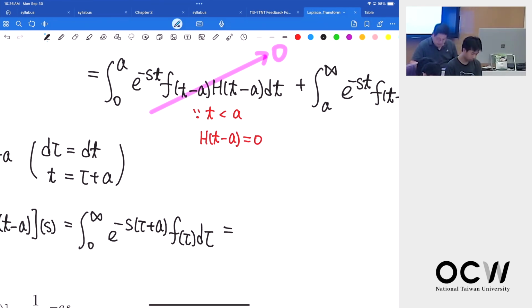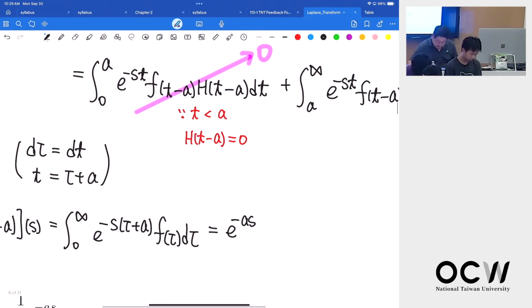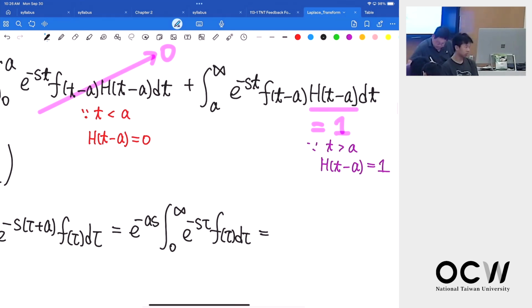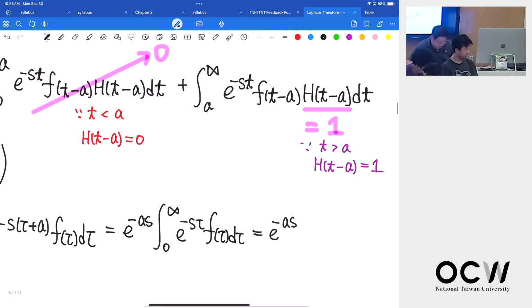Let's rearrange it. Put the e to the minus as outside because there's no tau there. And then I do the integration of e to the minus s tau, f of tau d tau. So that's why this is the exponential term times the Laplace transform of f.